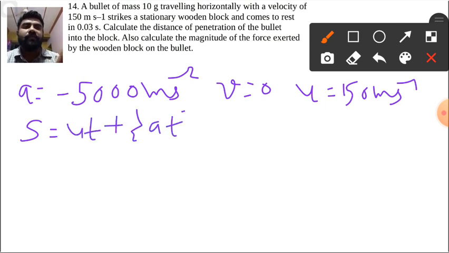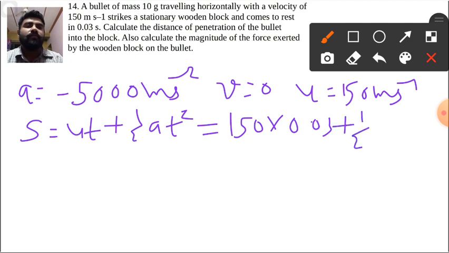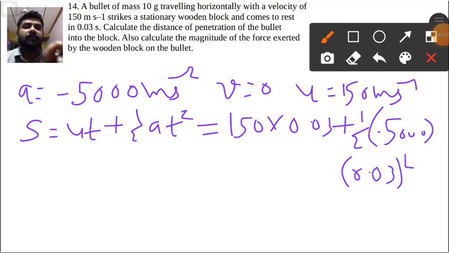Now we can use this also. So s is equal to u, 150 into 0.03, plus 1 by 2 into a, which is minus 5000, right? So minus 5000 into t square, 0.03 square.